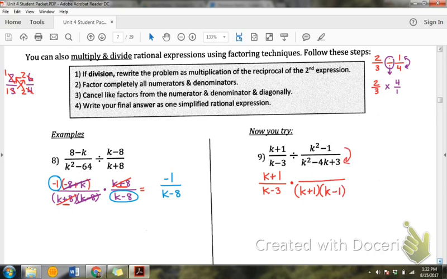Because we flipped it. And then what are we going to have to do with that K squared minus 4K plus 3? We're going to have to X factor off to the side. Okay? So what two numbers multiply to get 3 and add to get a negative 4? What two numbers multiply to get 3 and add to get a negative 4? Ben?